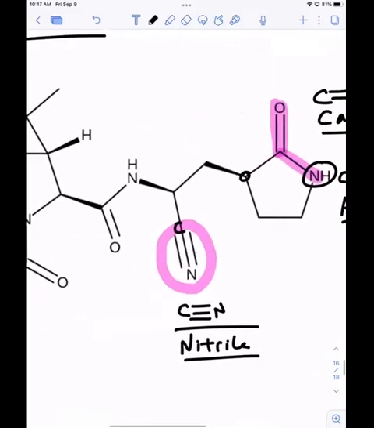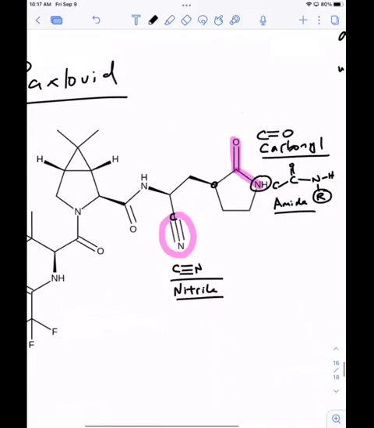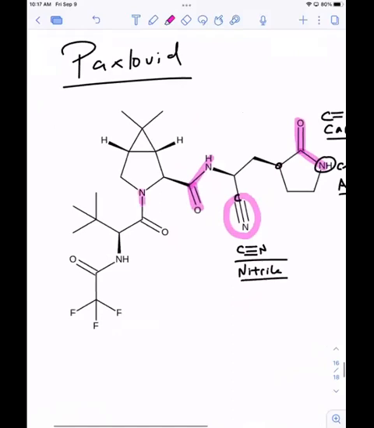If you look in this molecule, there are multiple amides present. There's one here. There's one here. There's one here. So like I said, it looks like a lot of functional groups, but really they're not a whole bunch, because the amides make up most of this molecule.